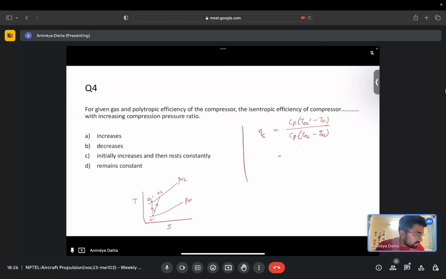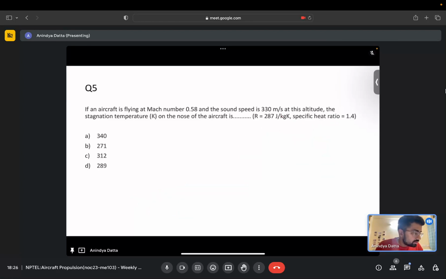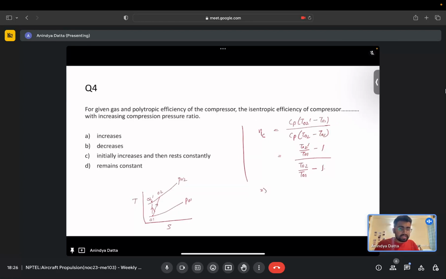So if we simplify this, we divide the numerator and denominator by Cp and T01, we get this, right? And this T02 prime by T01, we can represent in terms of the pressure ratio, right? So we can write this in terms of the pressure ratio.